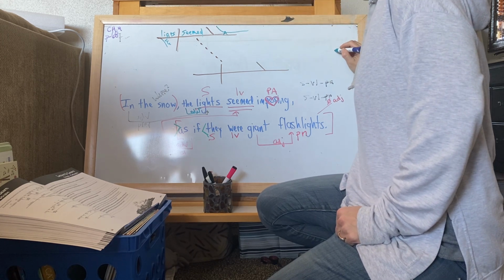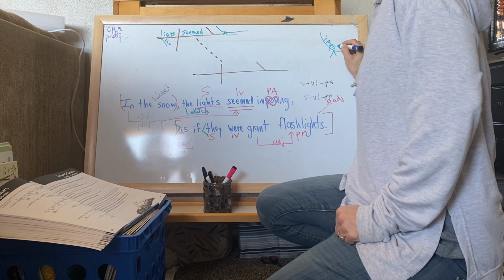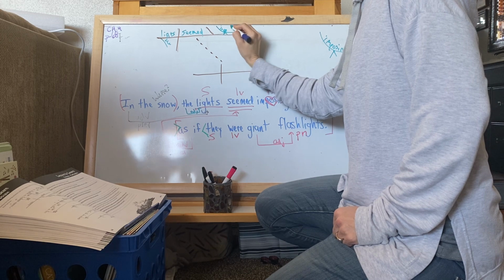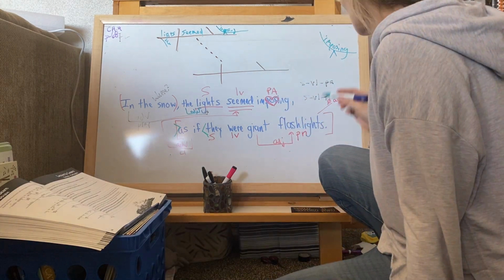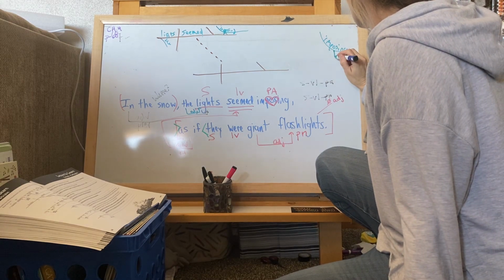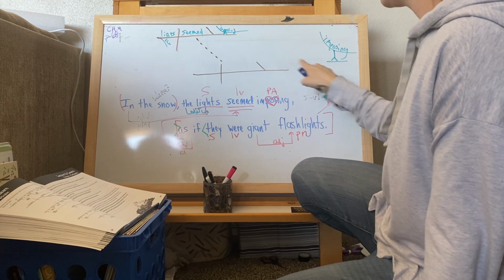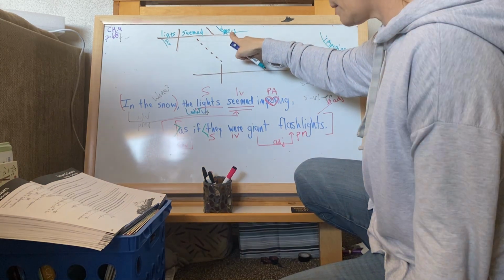So it's going to look like this. Imposing. I kind of ran out of room. But it's up on a pedestal, okay? Pedestal. Oopsies. Imposing. There. That's what it really needs to look like on top of your line, okay? Okay. The lights seemed imposing.